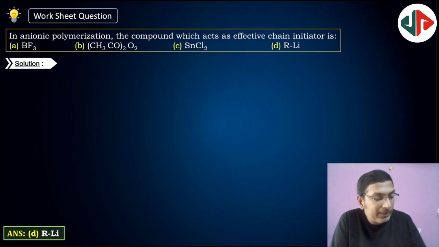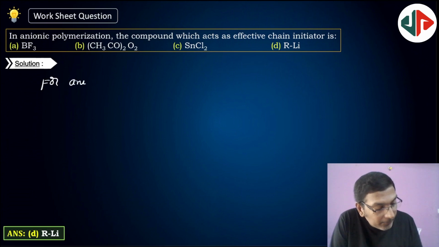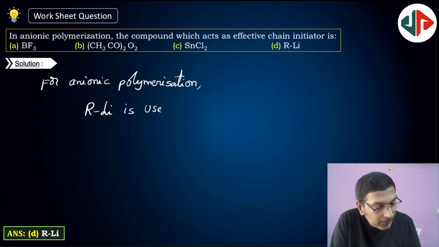In anionic polymerization, the compound which acts as effective chain initiator. So in anionic polymerization, RLi is used as chain initiator.